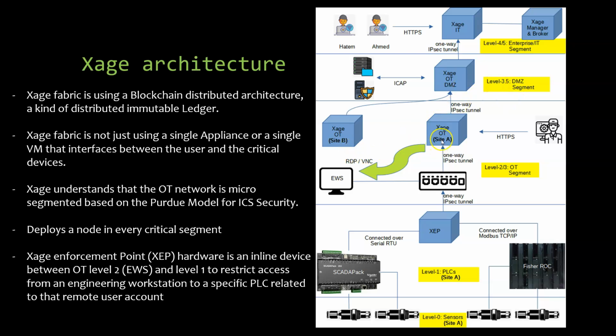We have a Xage OT node in site A, for example. If we have site B, because the plants, like for example oil refineries, you may have multiple plants in multiple locations, so you will need a Xage OT node in each plant. Okay, and finally the ZEPs.